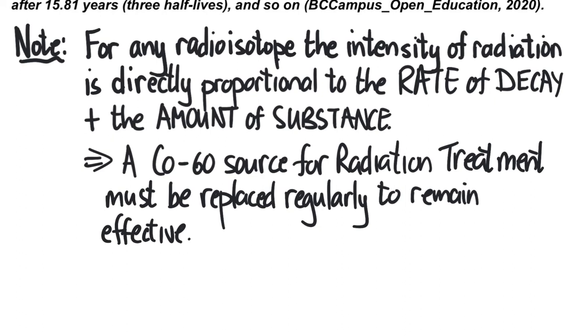So in practice with radiation treatment, the source of the radiation, the cobalt-60, has to be monitored so that it is feasible to treat the person in a short time frame and to do so effectively.